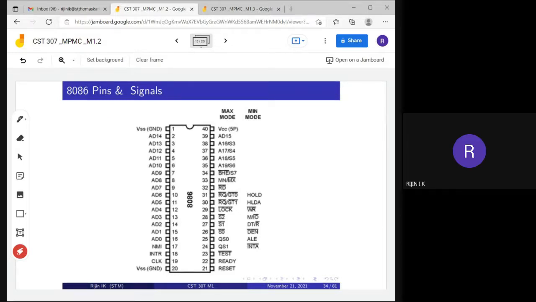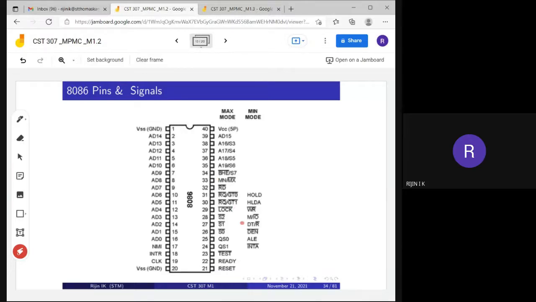In minimum mode, there will be certain roles for certain pins. Similarly, in maximum mode, certain roles may be there in certain pins. So we can discuss each pin in detail.